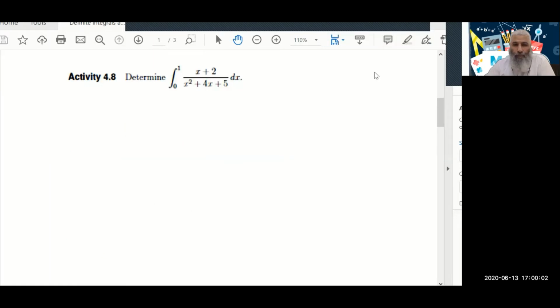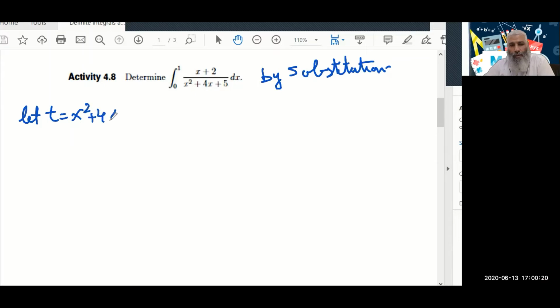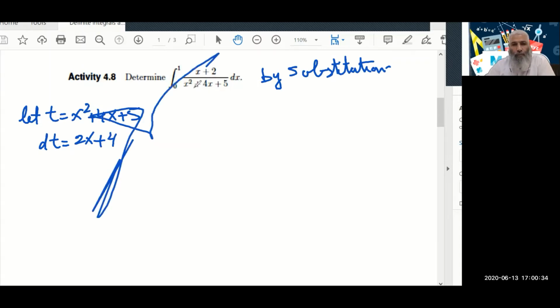Let's do it by substitution. Let t equal x squared plus 4x plus 5. Then dt equals 2x plus 4 dx, right?